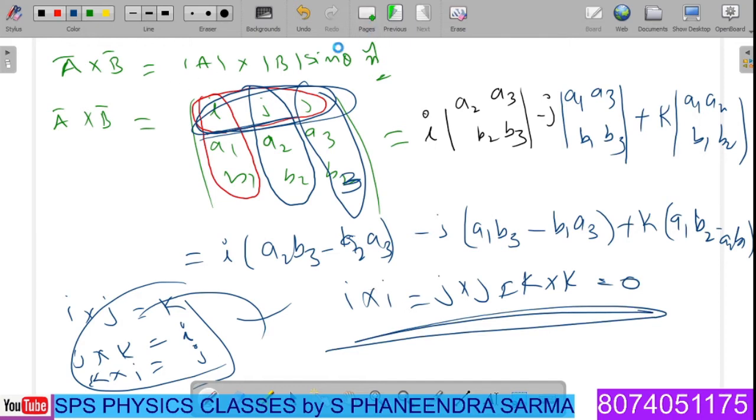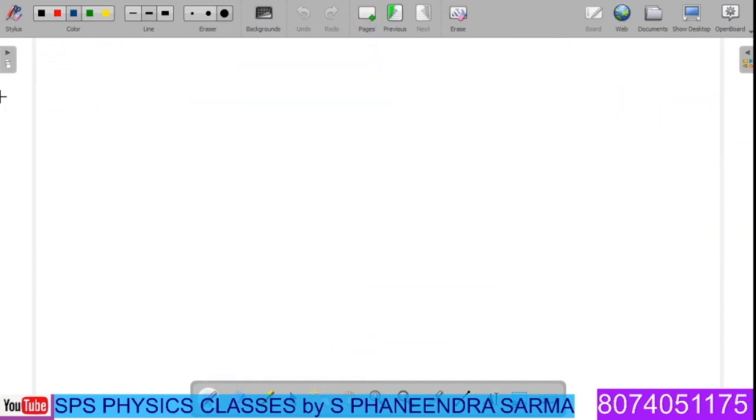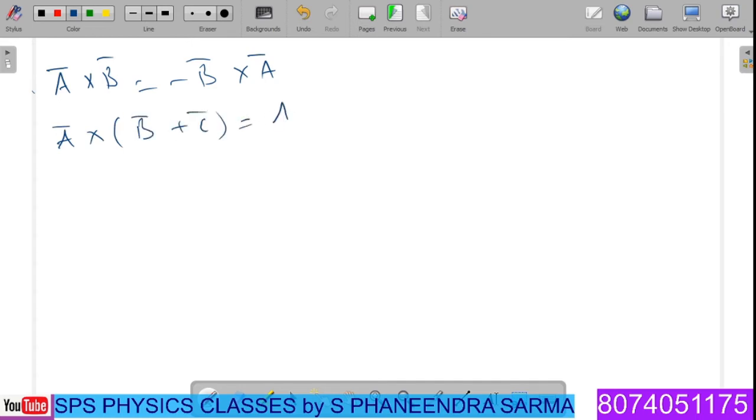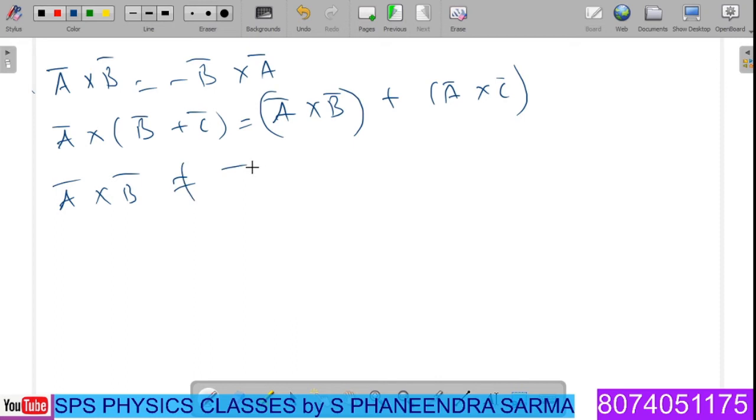And what are the important rules for the cross product? In this case, a bar cross b bar is equal to minus b bar cross a bar, and a bar cross of b bar plus c bar is equal to a bar cross b bar plus a bar cross c bar. We can write it like this. And a very important instruction: a bar cross b bar is never equal to b bar cross a bar.